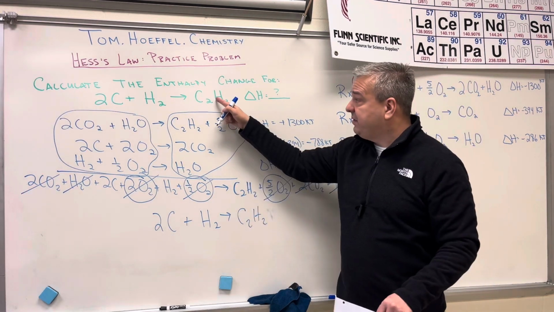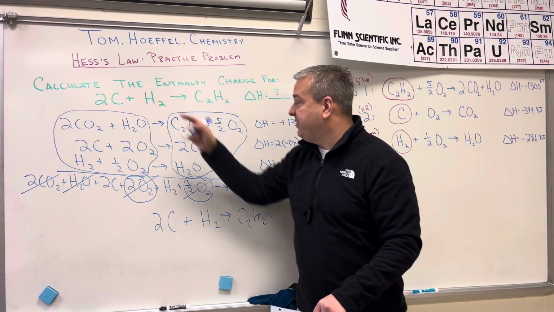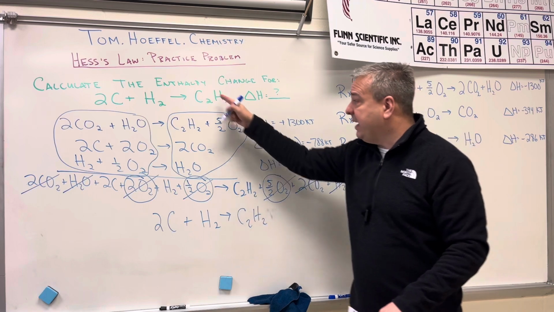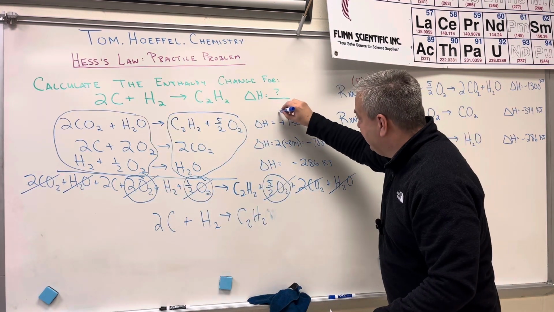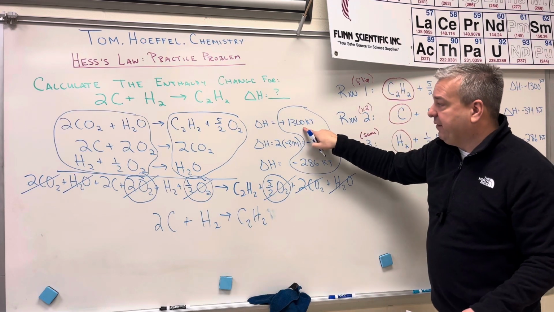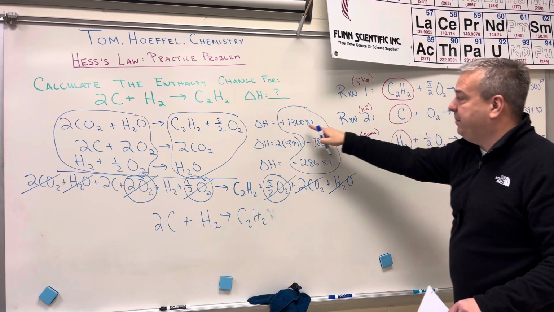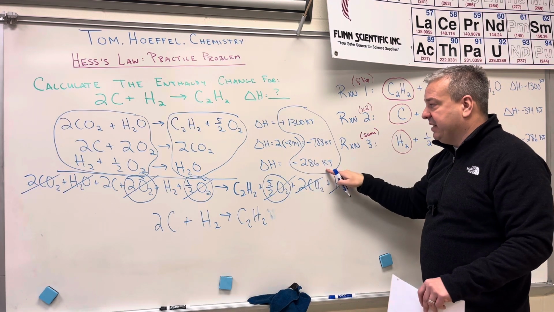And that is what the prompt is asking for, 2C, an H2, and a C2H2. So if I've added these chemical reactions, then I need to add these enthalpy changes, okay? So remember, I flipped this from negative 1300 to positive 1300. I doubled this enthalpy, and I left this enthalpy the same.